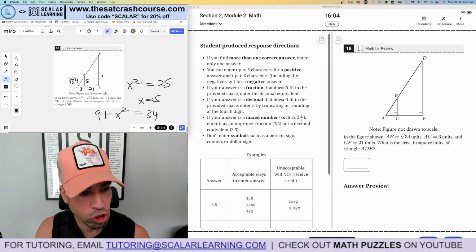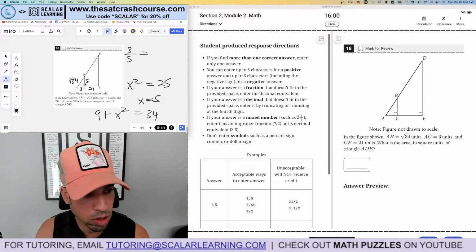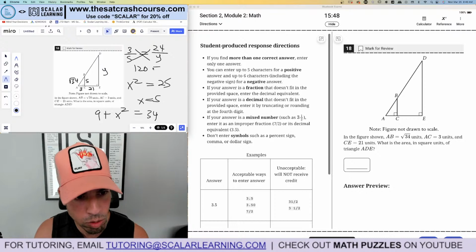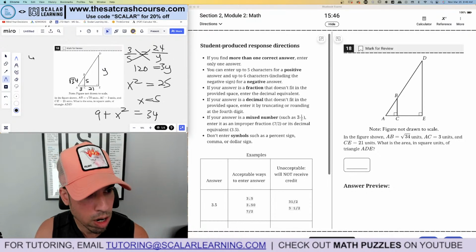And then we can use proportionate triangles to find this side. So 3 over 5, little leg over big leg, is equal to little leg, which is 24, over, let's call it y. Then let's cross multiply. We get 5 times 24 is 120 equals 3y. Divide by 3, y equals 40. So this side equals 40.